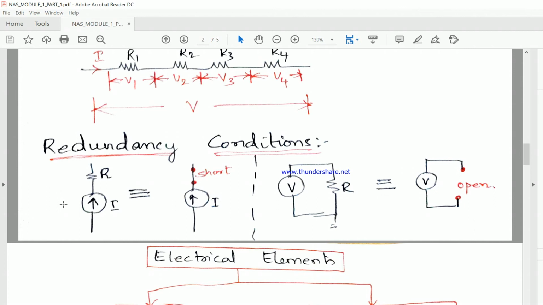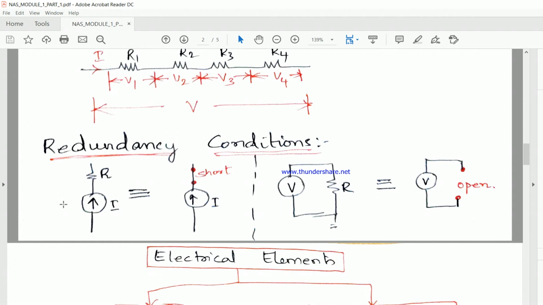So when you make voltage equal to 0, it means that particular circuit is becoming short. And when you make voltage equal to infinity, that circuit is becoming open. So these three terms are very important. I'll just repeat again. R equals 0, short. R equals infinity, open.